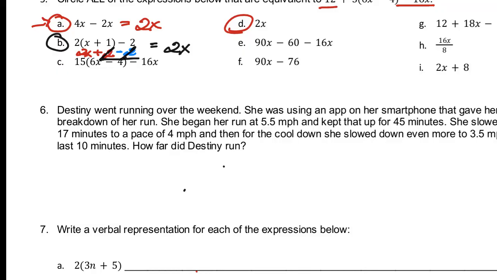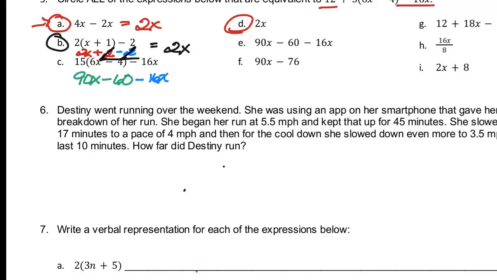So what is 15 times 6x? $90x, yes, right, thank you. Minus 15 times 4? 60. And then outside of that distribution, we have minus 16x.